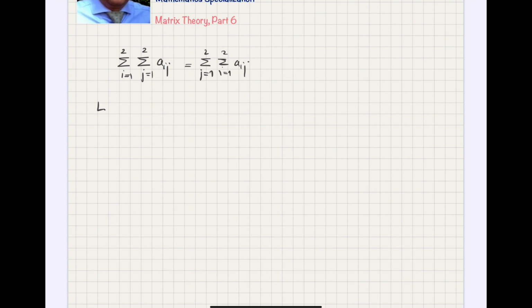Because if you start from the left hand side, for example, you open up the first sigma, sigma I goes from 1 to 2, and then this becomes I1 plus I2, yes? And then I open the new sigma. No, but it seems it doesn't rely on that. It becomes A11 plus A12, and then A21 plus A22.